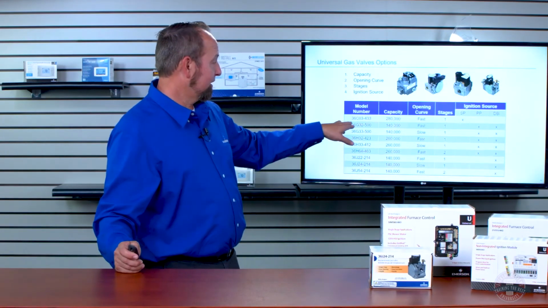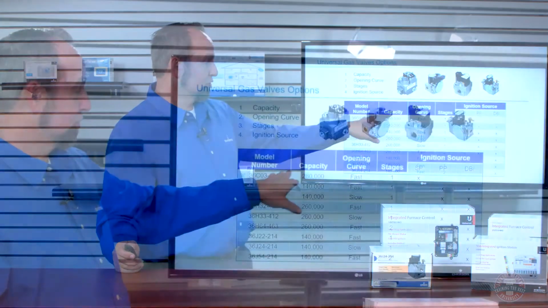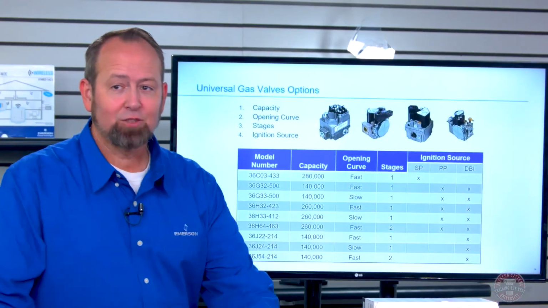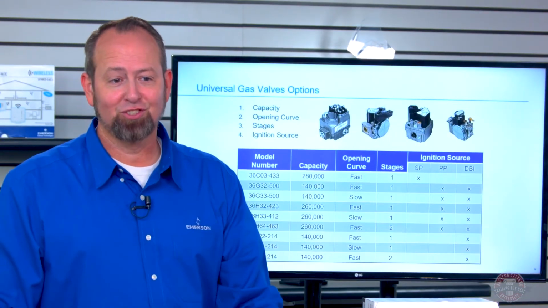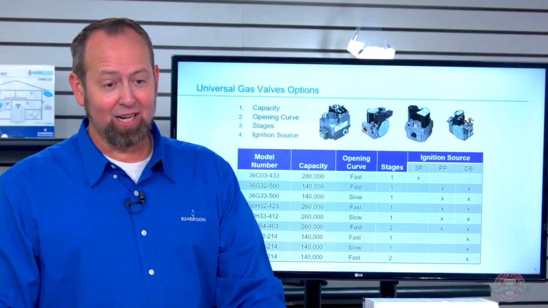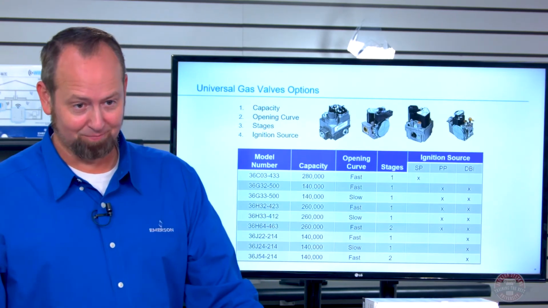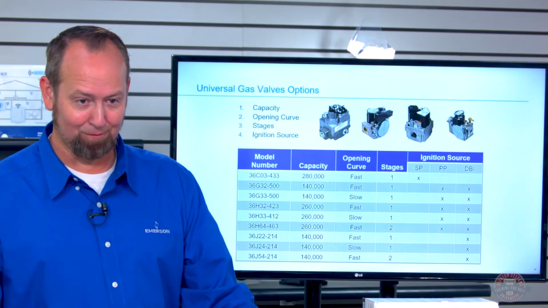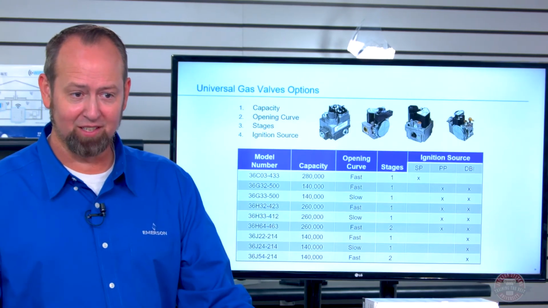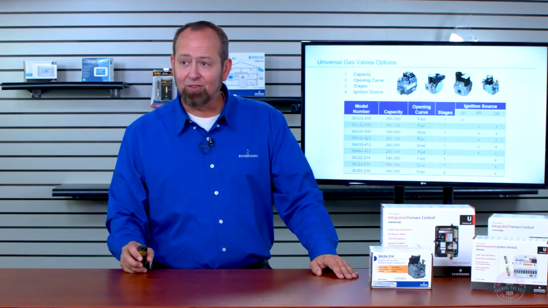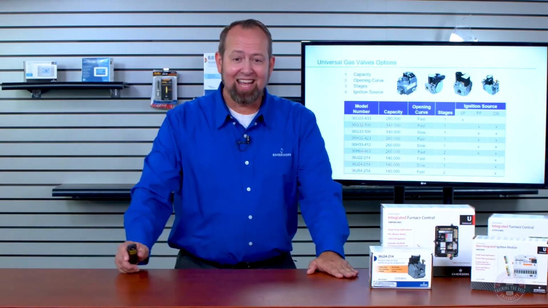The 36C, there's only one of those on here. That's one that is slowly making its way to retirement. Maybe fortunately, maybe not fortunately. The 36C03 is a valve that we've had around for a long time, and that is a standing pilot valve.